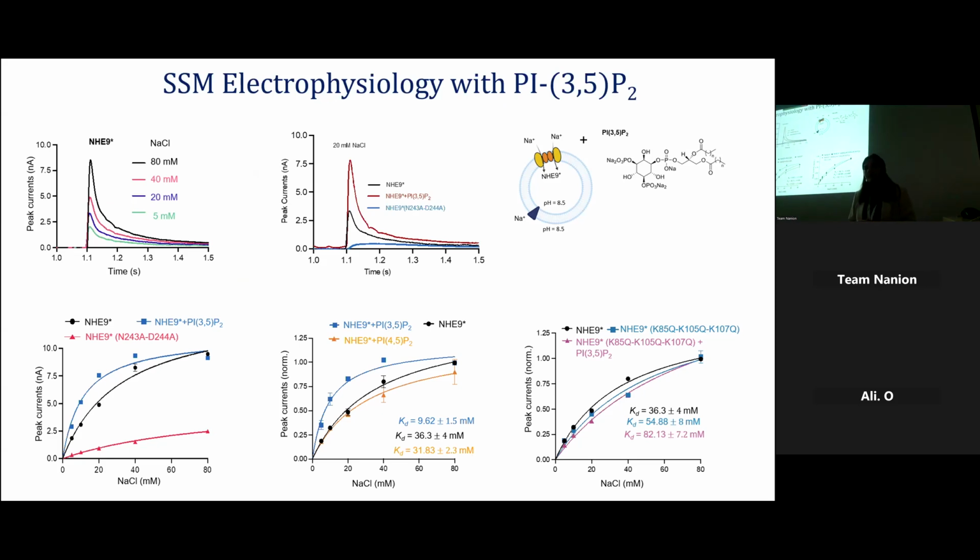Just a comment: it's actually not a strict KD, because KD is the binding of the sodium, but it's actually the EC50 of the process you record, and that's the half cycle of the transport. So it would be better to mention that it's an EC50 and explain what that means. It's probably closer to a KD than to a KM, but it's still not a real KD.